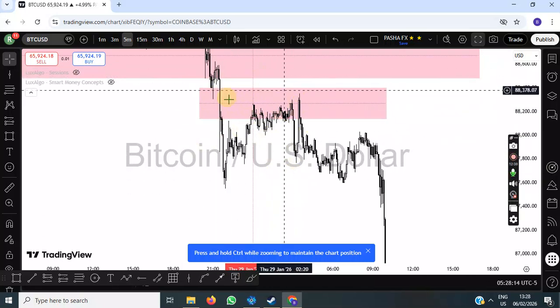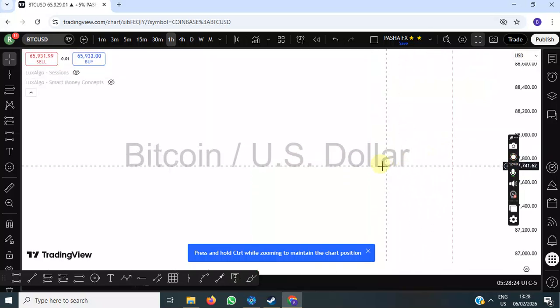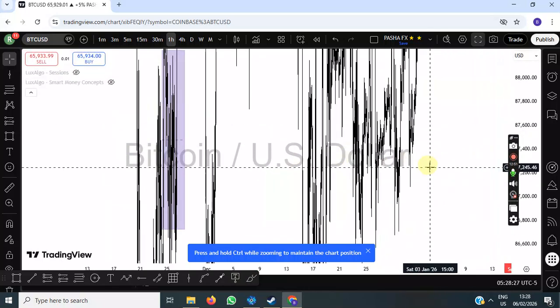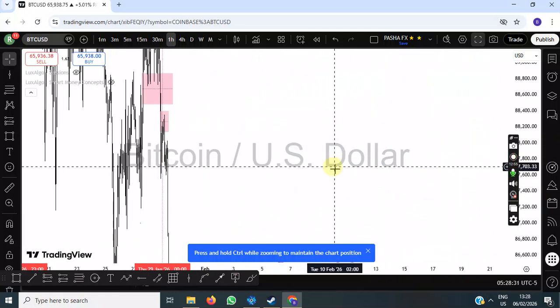I just wanted to show you 5 minutes was not clear. But this logic here in the 1 hour gave me a lot of courage to take my trade. Let me show you why.